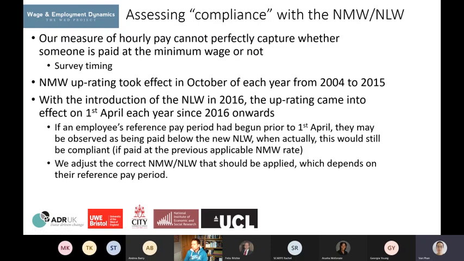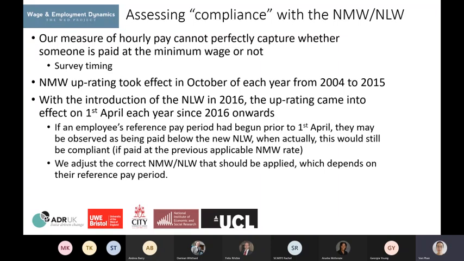Next, we try to assess compliance with the minimum wage and national living wage. As I mentioned above, our measure of hourly pay cannot perfectly capture whether someone is paid the minimum wage or not, mainly because of the timing of the survey.